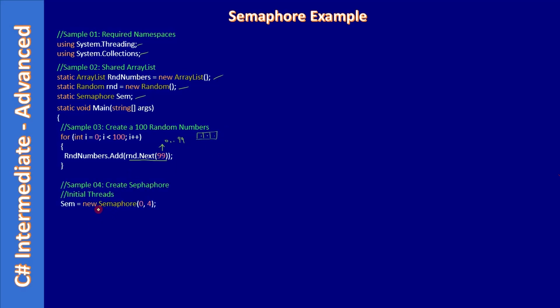Next, here we are creating the semaphore. The first parameter tells the initial number of threads allowed, and the second is the maximum number of threads. So here we are stating that we will allow a maximum of 4 threads.